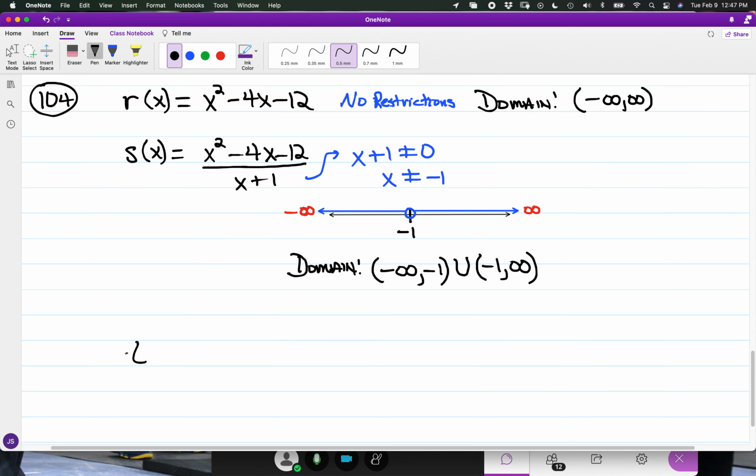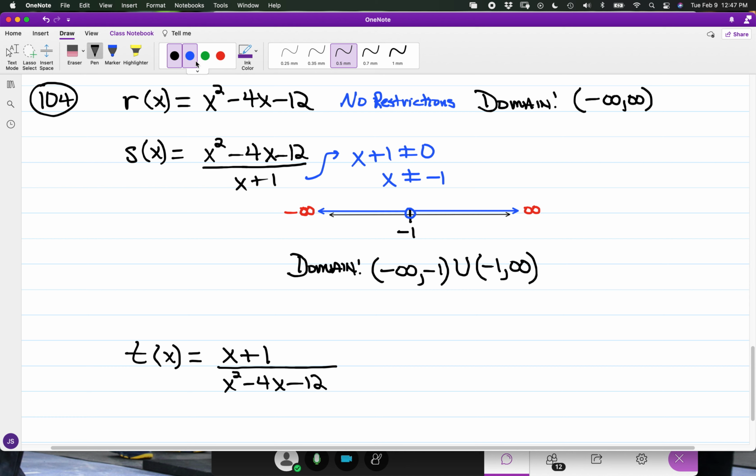Now for t of x, t of x is essentially going to be the reciprocal of s of x, so just flipping the ratio. We have x plus 1 all over x squared minus 4x minus 12.